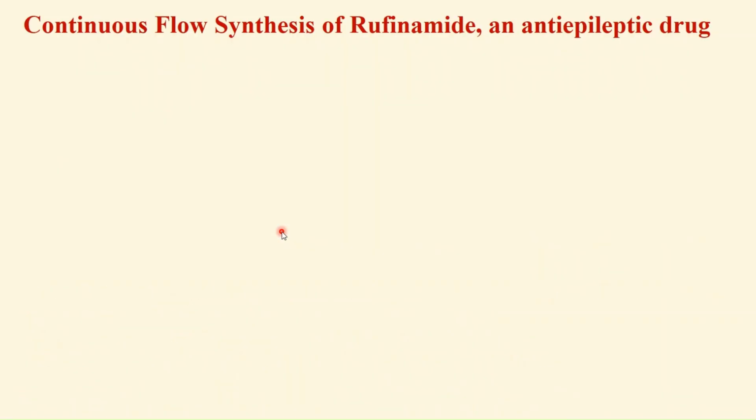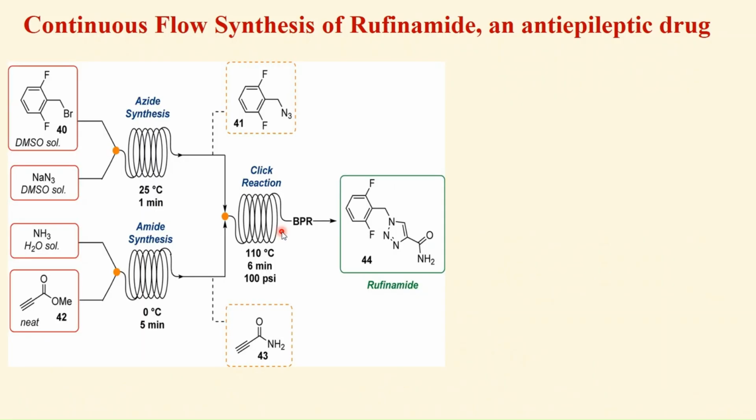which discusses the synthesis of rufinamide by continuous flow system. Rufinamide is an anti-epileptic drug. It is a triazole derivative. Triazole derivatives are achieved by 1,3-dipolar cycloaddition of azides with alkynes.